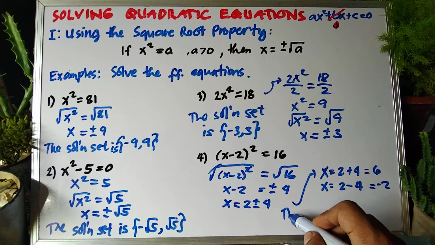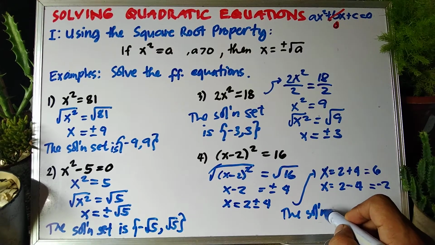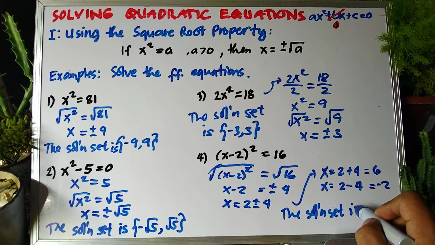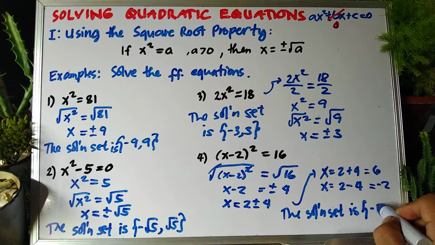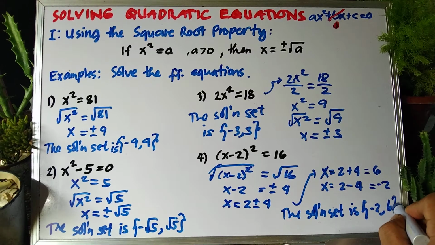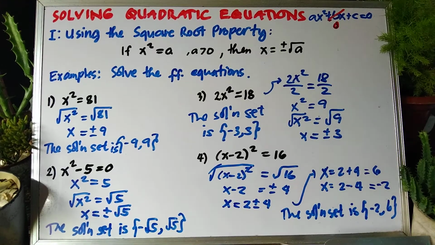So therefore, the solution set is the set that contains negative 2 and 6. That's it. That's on how to solve quadratic equations using the square root property. I hope may na-learn kayo dyan. It's just the basic examples.